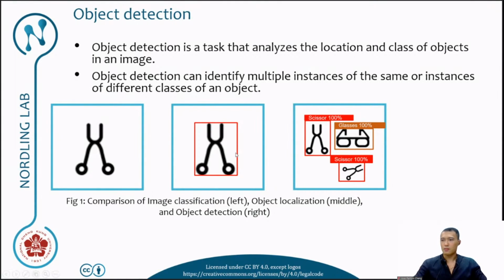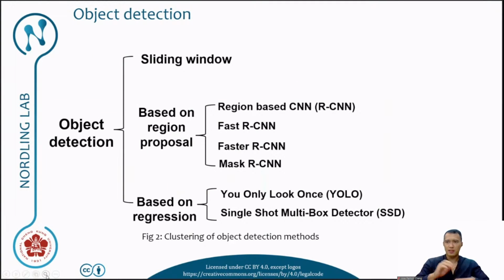Okay, so let's move on. What have been the approaches that have led us to what is considered state of the art today? We start with object detection, which is a superclass, and then we started with the sliding window approach. Then we realized that this approach is extremely computationally expensive and not worth using if we want to do it in real time. Then we went into the methods based on region proposals.